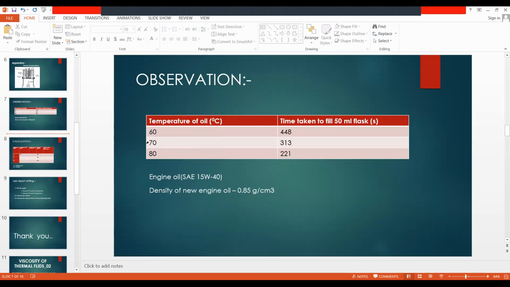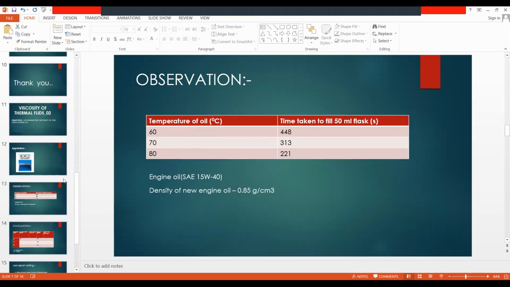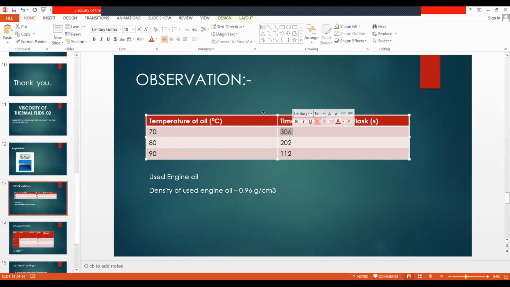You can see at 70 degrees Celsius for the new oil, it took 313 seconds. But for the used oil at 70 degrees Celsius, it took 306 seconds. So what is happening is, at the same temperature, used oil takes less time.